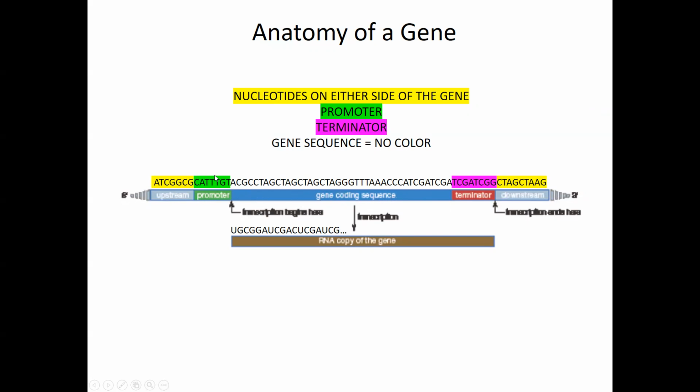So I transferred all of this that's supposed to represent DNA, and I wrote a sequence of DNA. And each section of DNA is colorized if it represents a different section. So nucleotides on either side of the gene, they just go on and on and on. And I could even put dots to indicate that it just goes on.